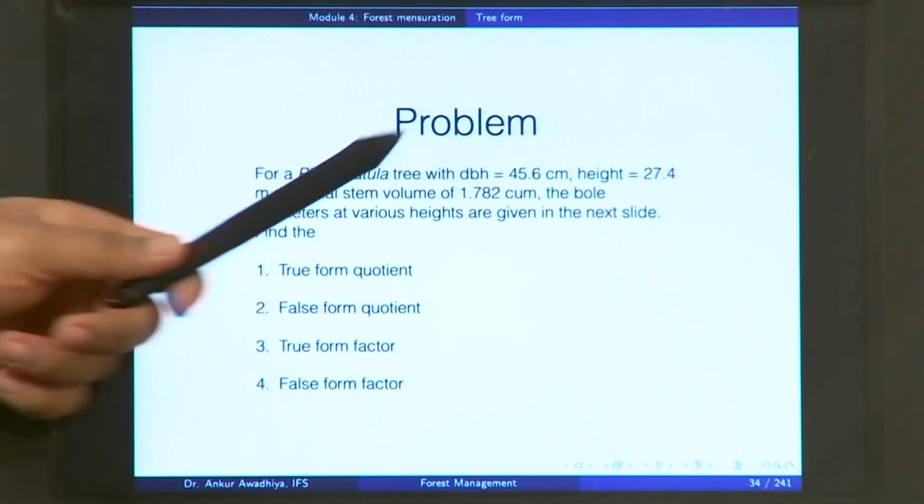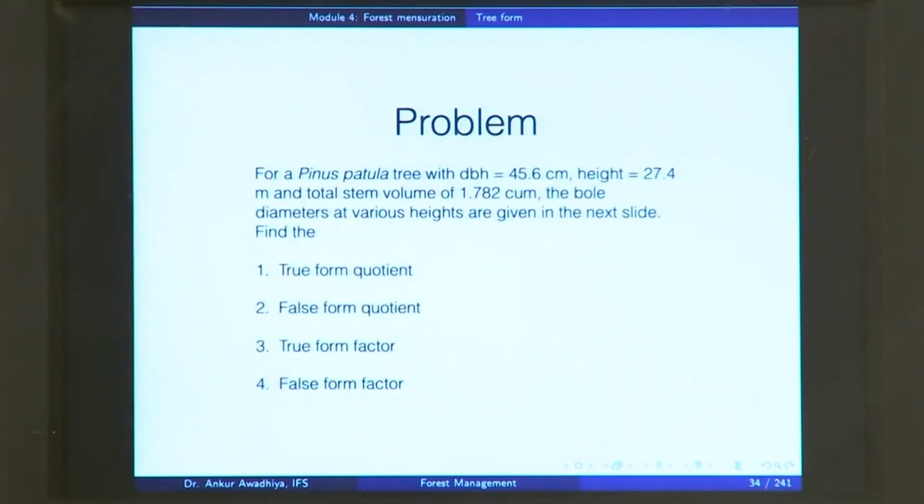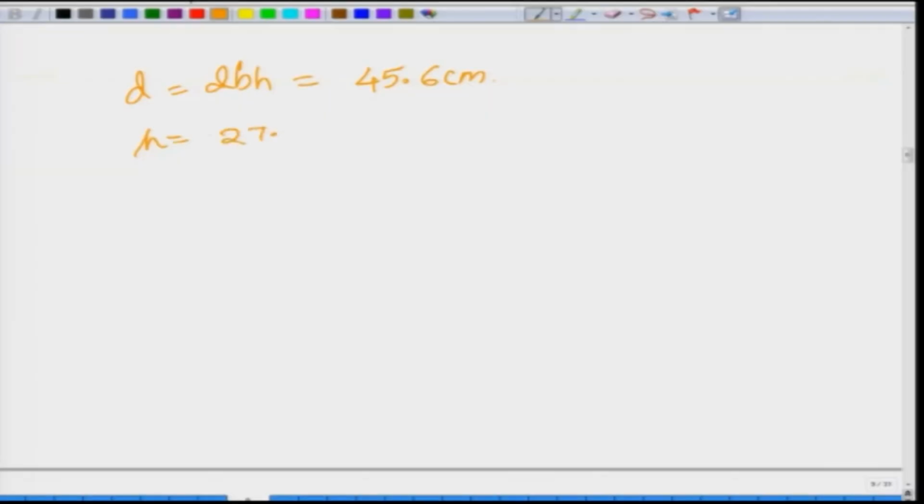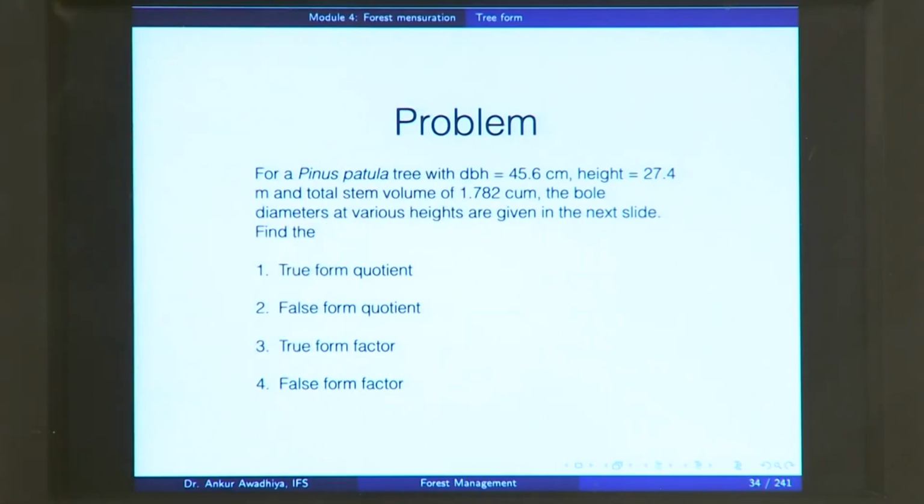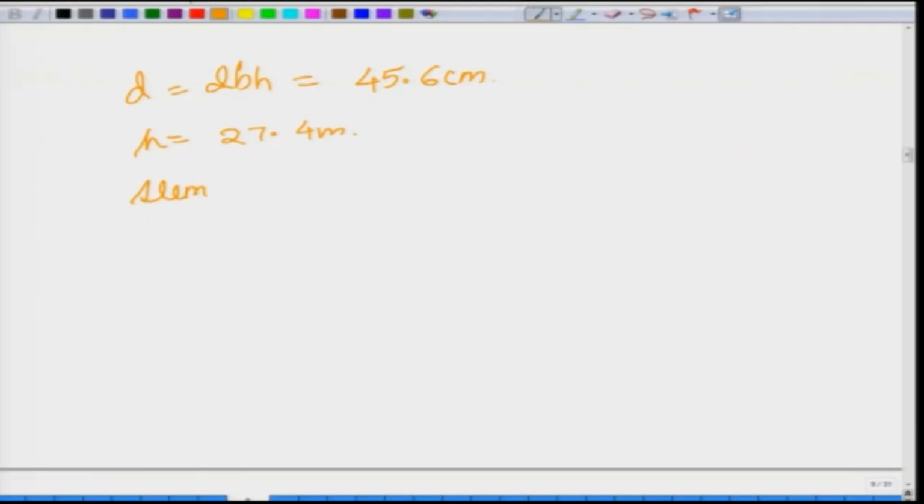The height of the tree is given as 27.4 meters. H is equal to 27.4 meters, and the total stem volume is 1.782 cubic meters. So, you have the stem volume equal to 1.782 cubic meters.